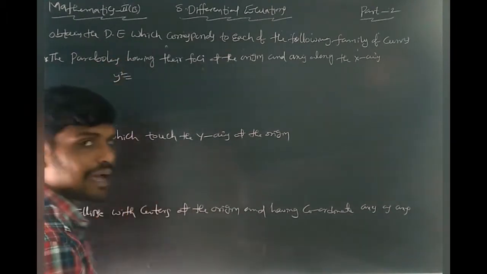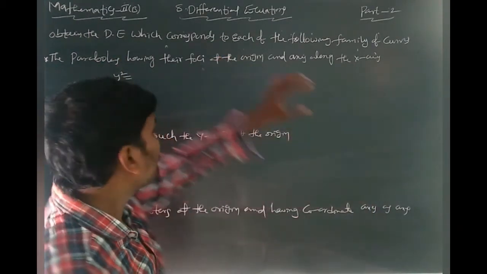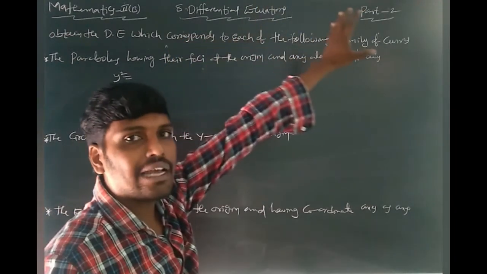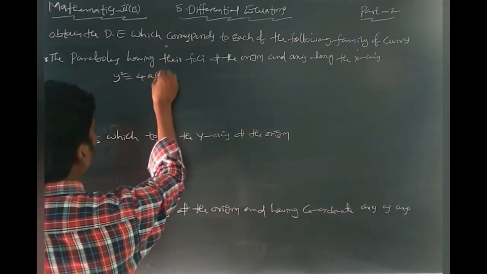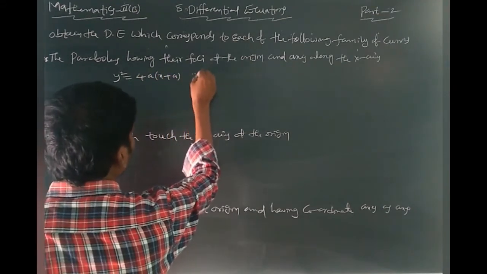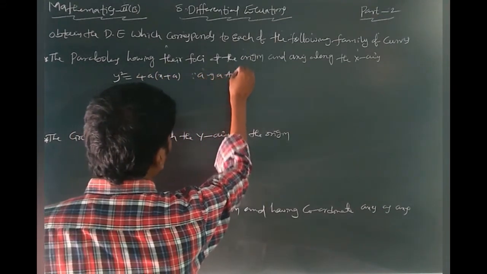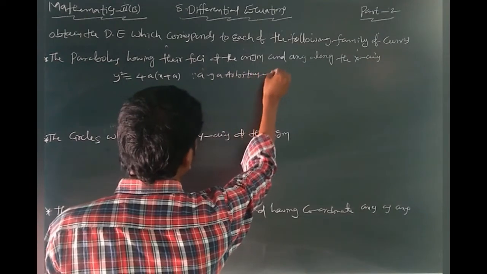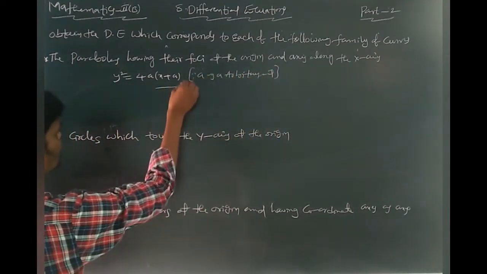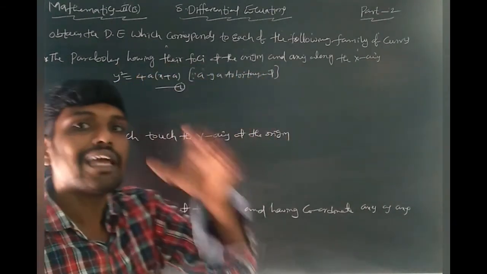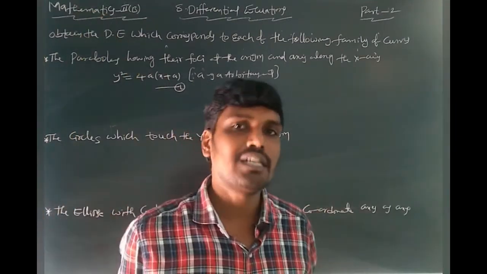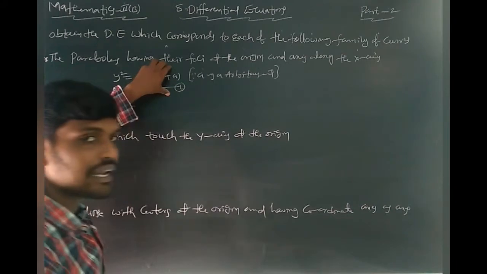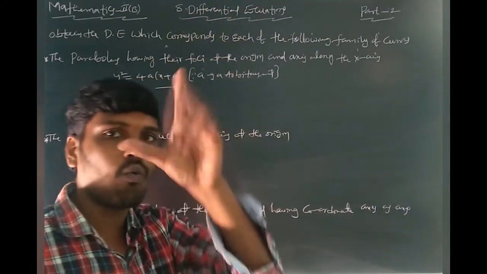The equation of the parabola having focus at the origin and axis along the x-axis is y square equal to 4a into (x plus a). Here a is an arbitrary constant. This is one. After that you take the derivative one time, eliminate a, and you get the differential equation. That is the answer. Writing this equation is 1 mark, the derivative is 1 mark.